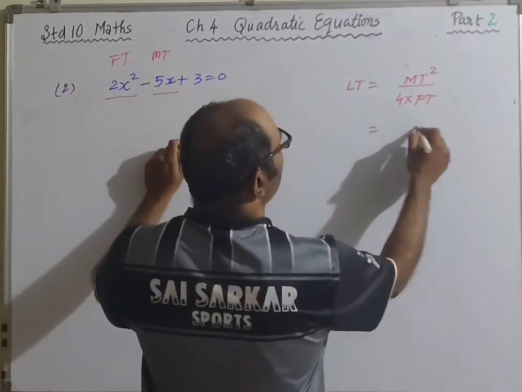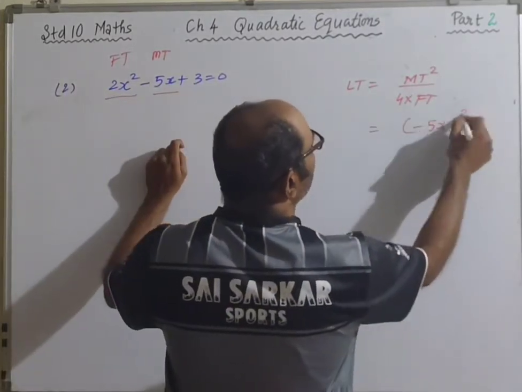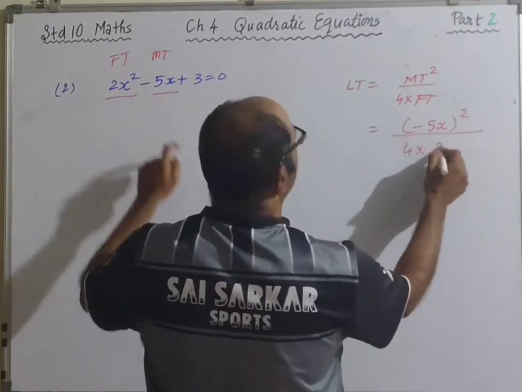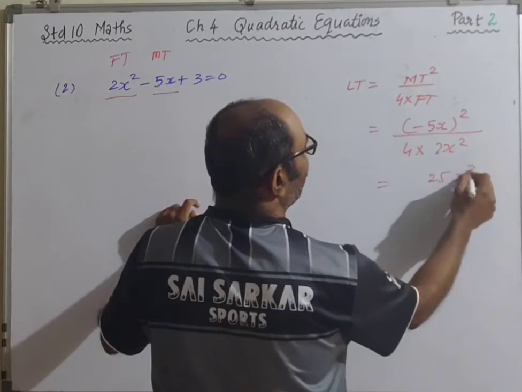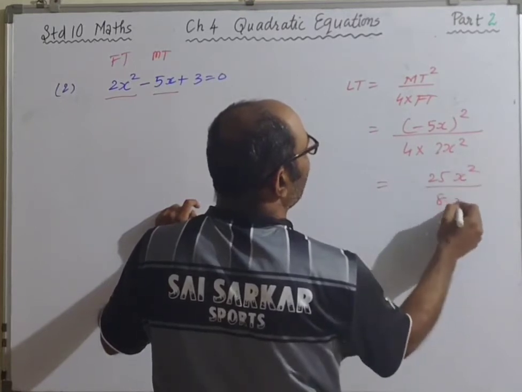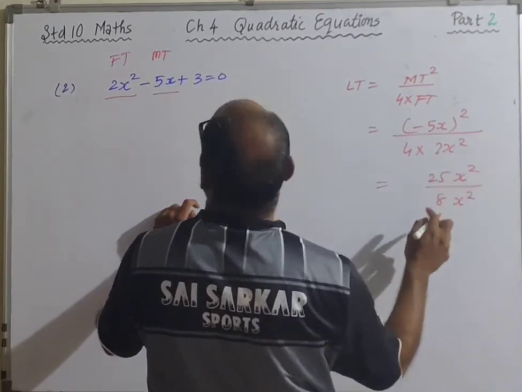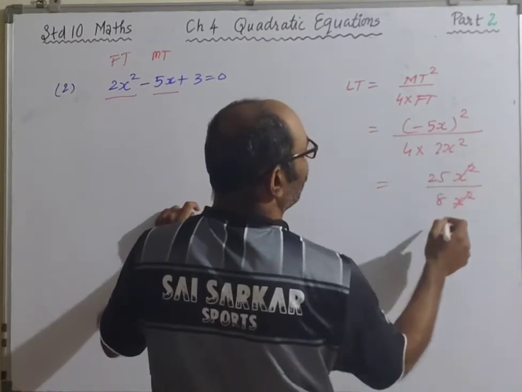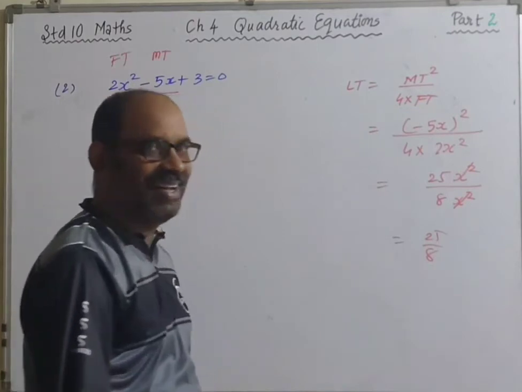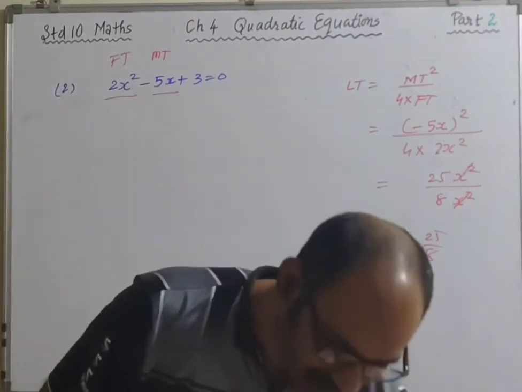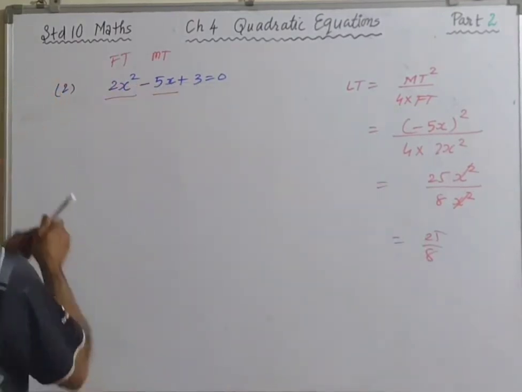What is middle term? Minus 5x whole square upon 4 into first term, that is 2x square. Square of minus 5 is 25 x square, and this is 8x square. Right? x square gone. See? 25 upon 8 came. A fraction came. So there is a problem now.